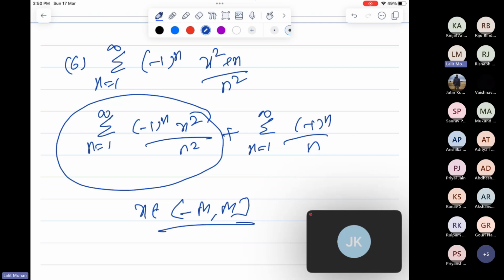So which results did ma'am discuss on uniform convergence? Can anyone tell me one standard result which ma'am discussed in the class? Did ma'am discuss uniform convergence of series in class?